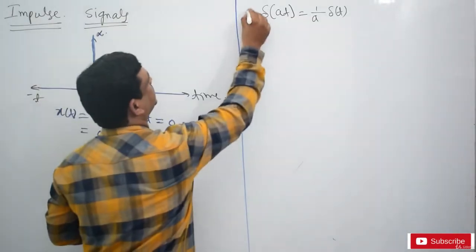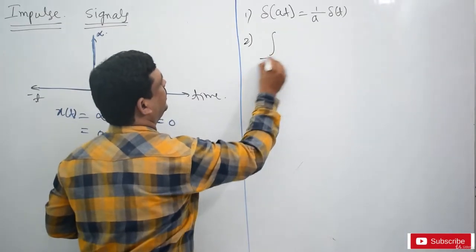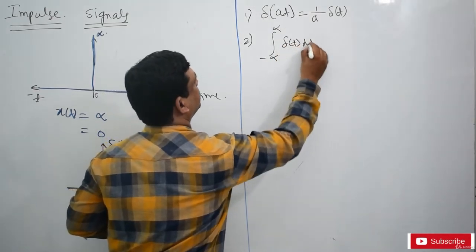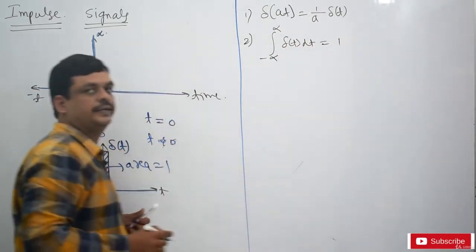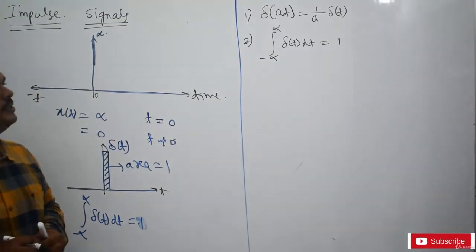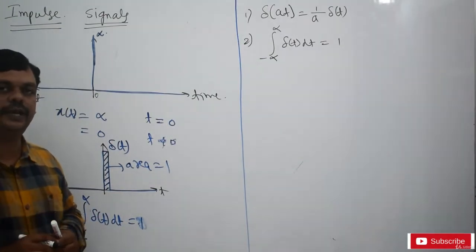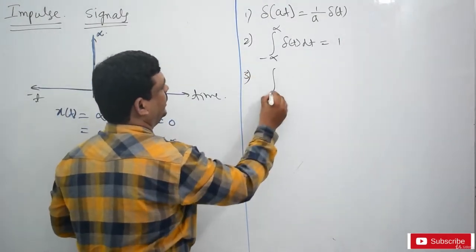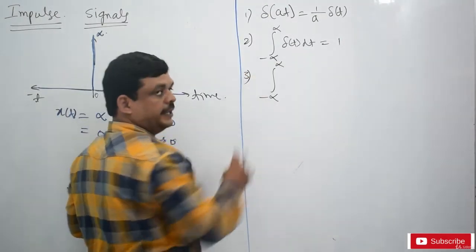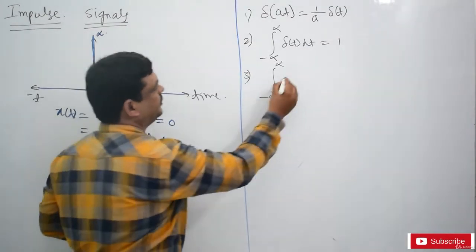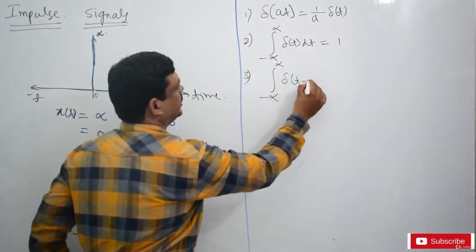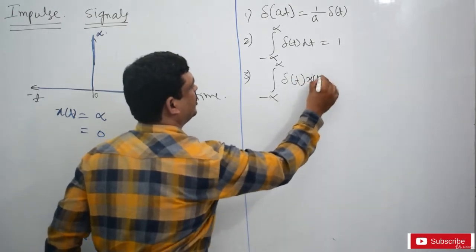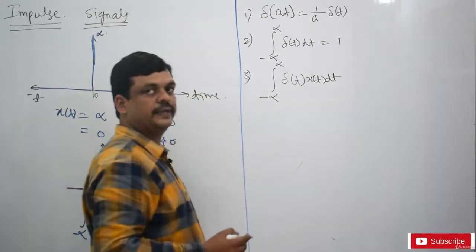Another property is the area of the impulse function should be 1. So the integration from minus infinity to plus infinity of del of t dt should be 1. Then another important property: the integration from minus infinity to plus infinity of del of t into x of t dt.